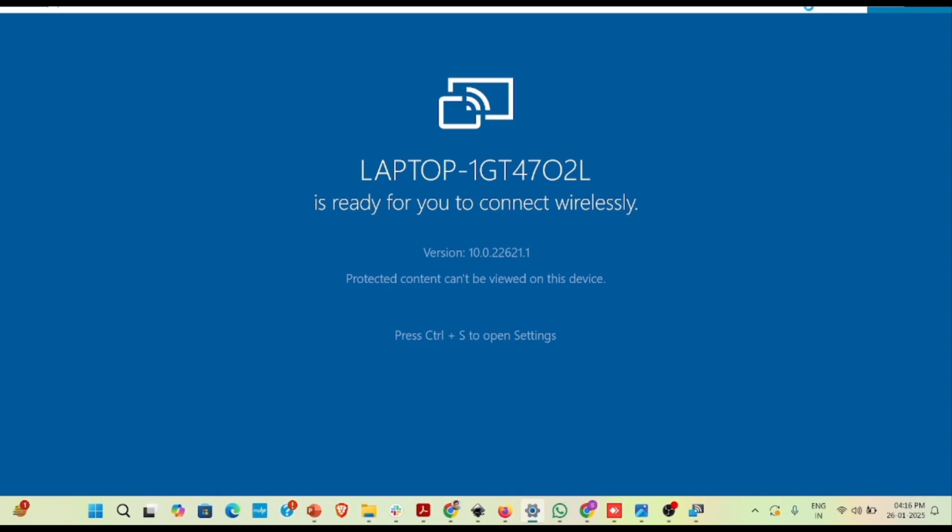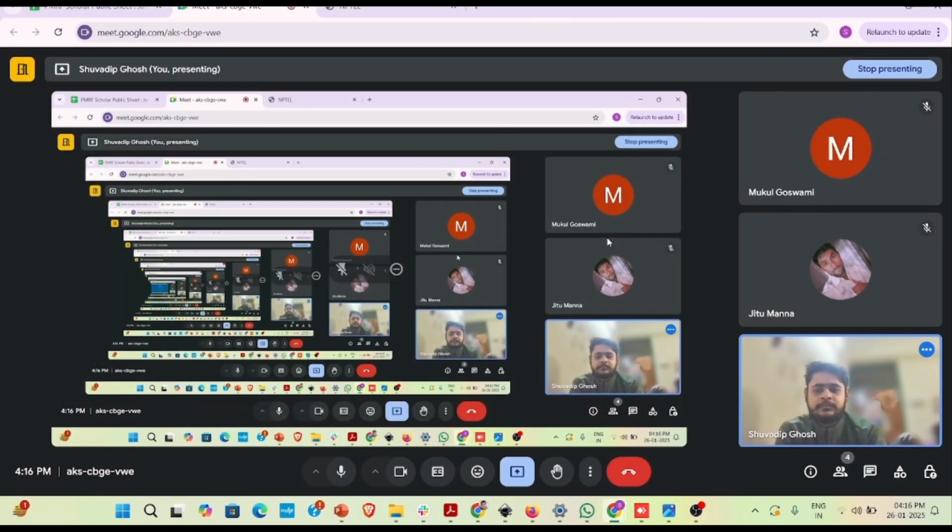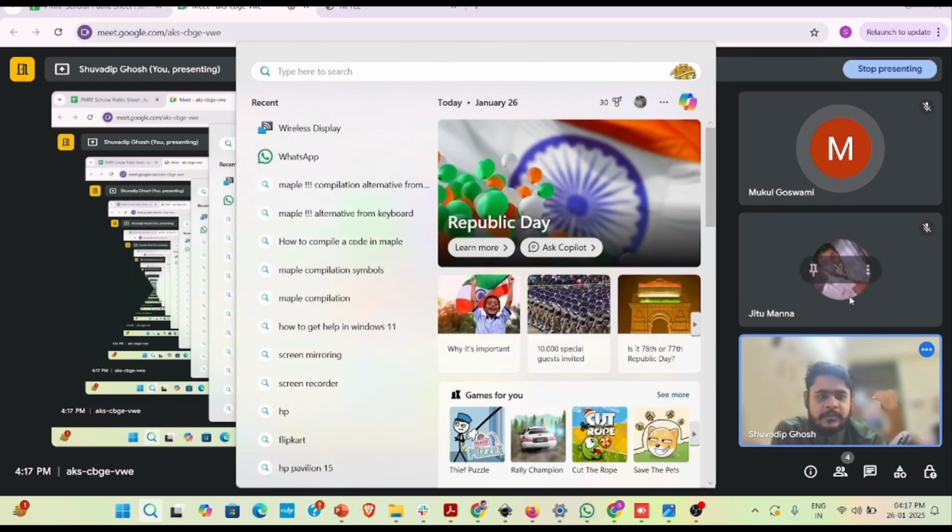Last time this never happened. Probably there is an internet issue. The screen is visible, right? Here it is showing wireless display.